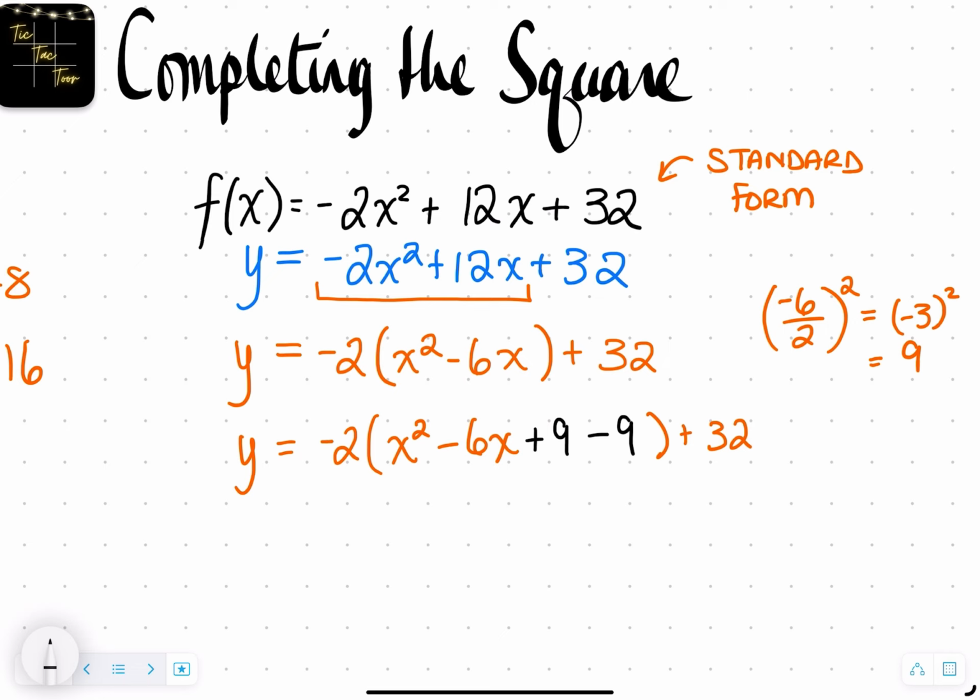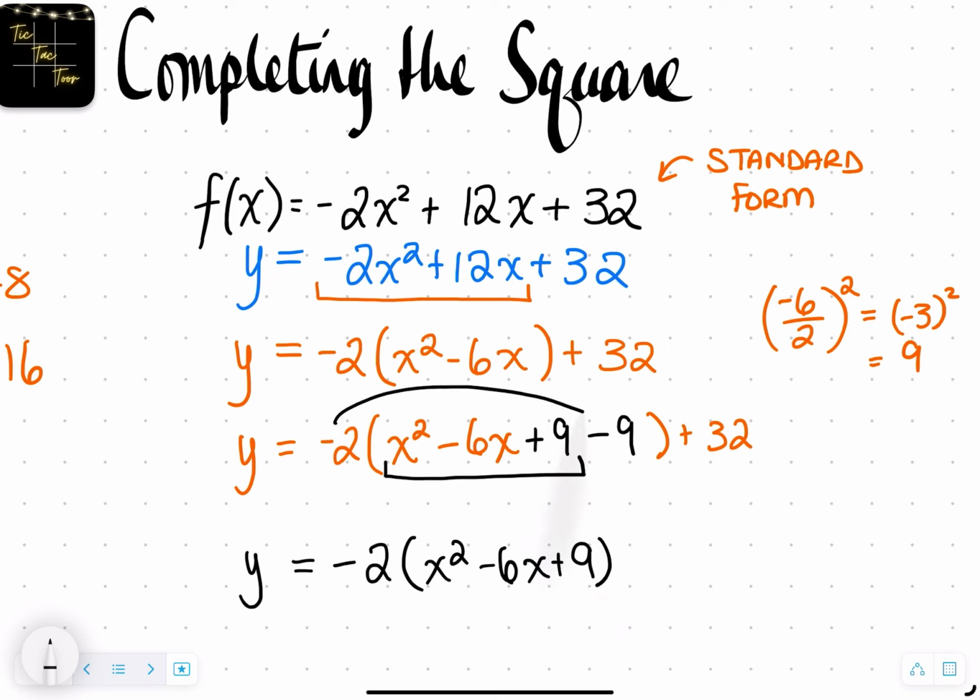and helps me manipulate that easier. So continuing on then, if I take a look here, I have the 3 terms of my perfect square trinomial, but I also have the -9 inside the brackets and I don't really want that there. So I'm going to continue on and bring that outside of the brackets by multiplying by the -2.